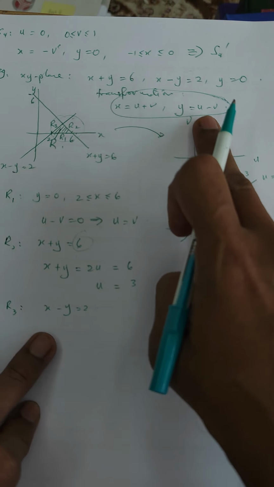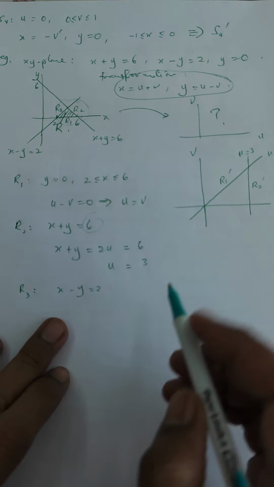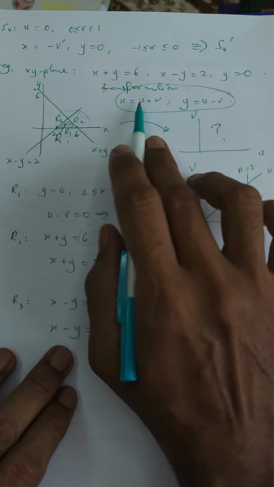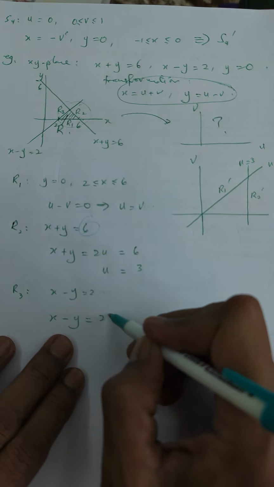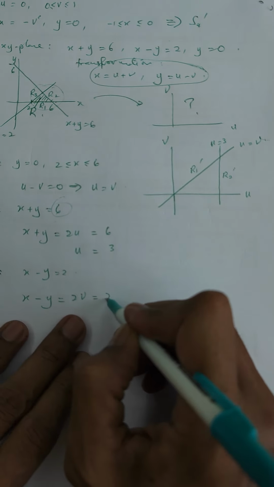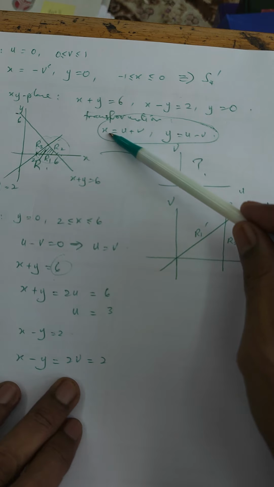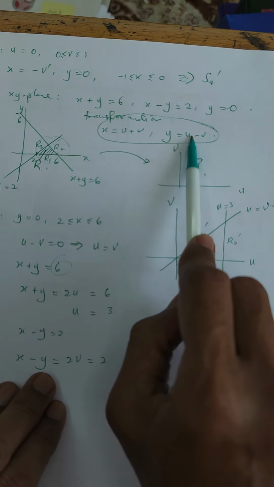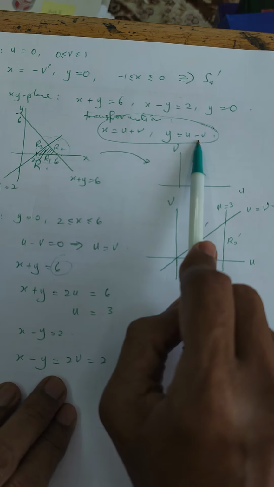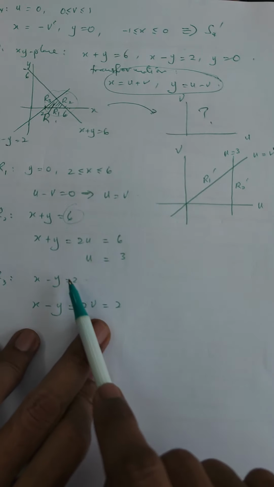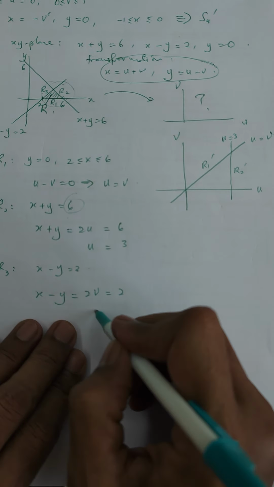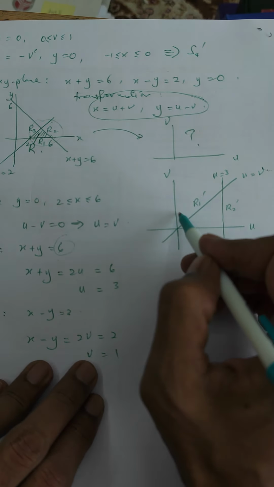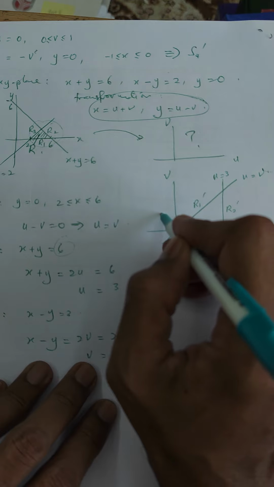Looking at our transformation, x minus y: u minus u gives 0, and v minus negative v gives 2v. So 2v equal to 2, and we have v equal to 1, somewhere here.